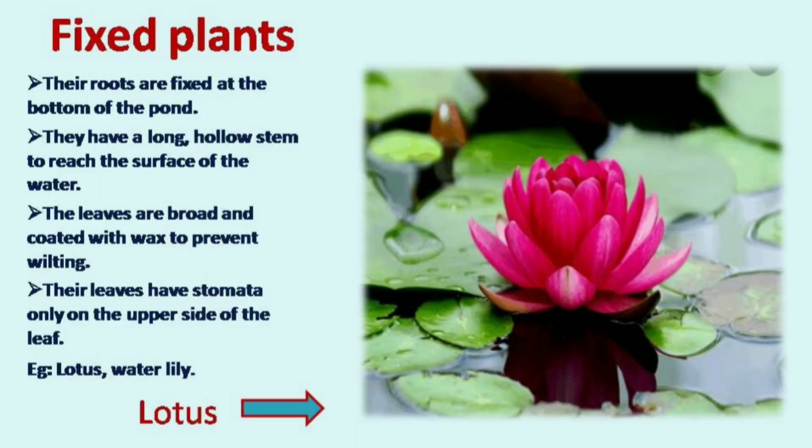Fixed plants. Their roots are fixed at the bottom of the pond. They have a long, hollow stem to reach the surface of the water. The leaves are broad and coated with wax to prevent wilting. The leaves have stomata only on the upper side of the leaf. Example: lotus and water lily.